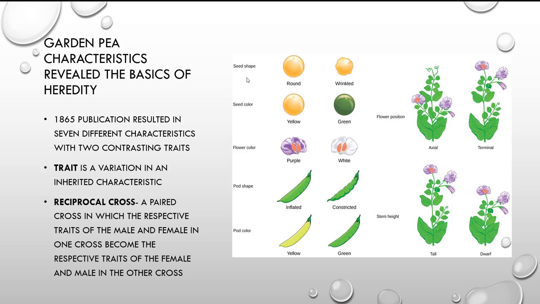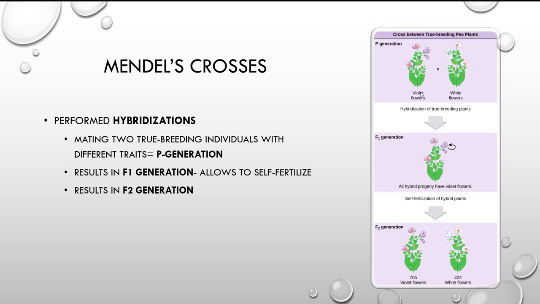Another thing that he noticed is that it doesn't matter whether he took the sperm of this flower and fertilized the egg of this flower, or reversed it, taking the sperm of that flower and fertilizing the egg of this one. He still got the same results either way.